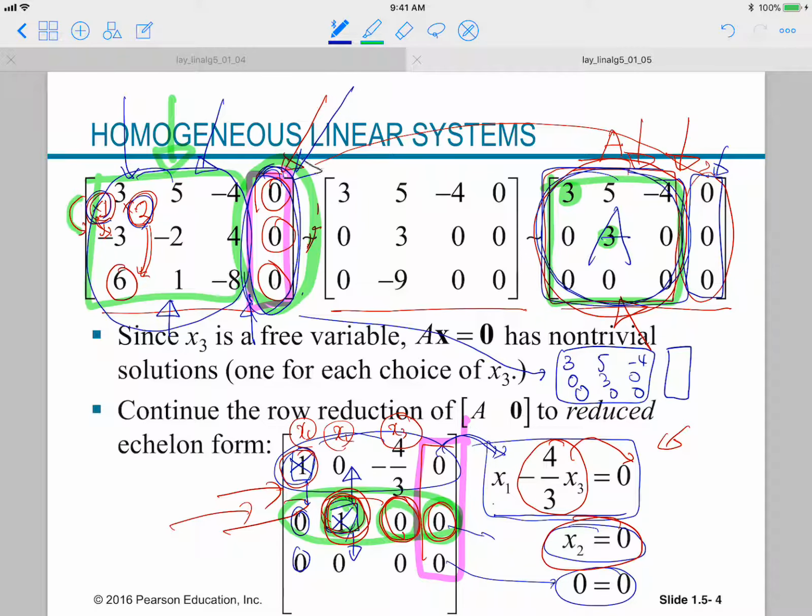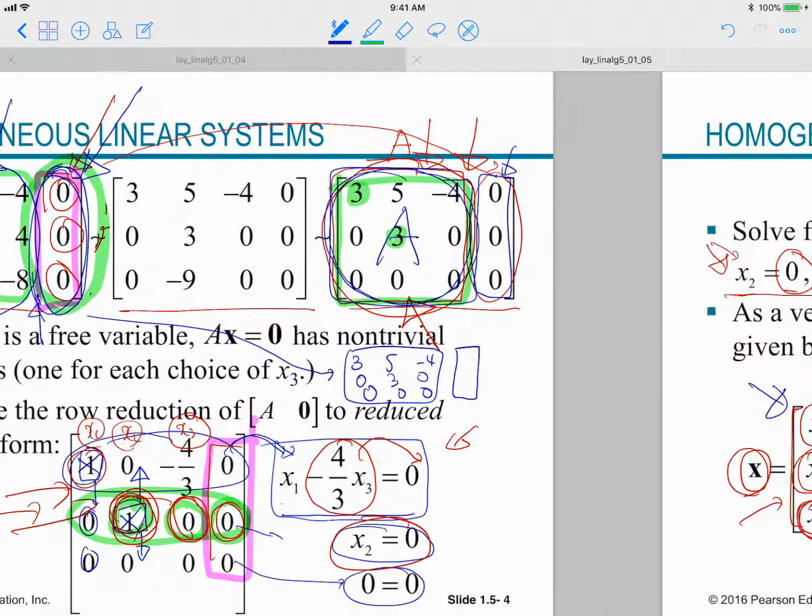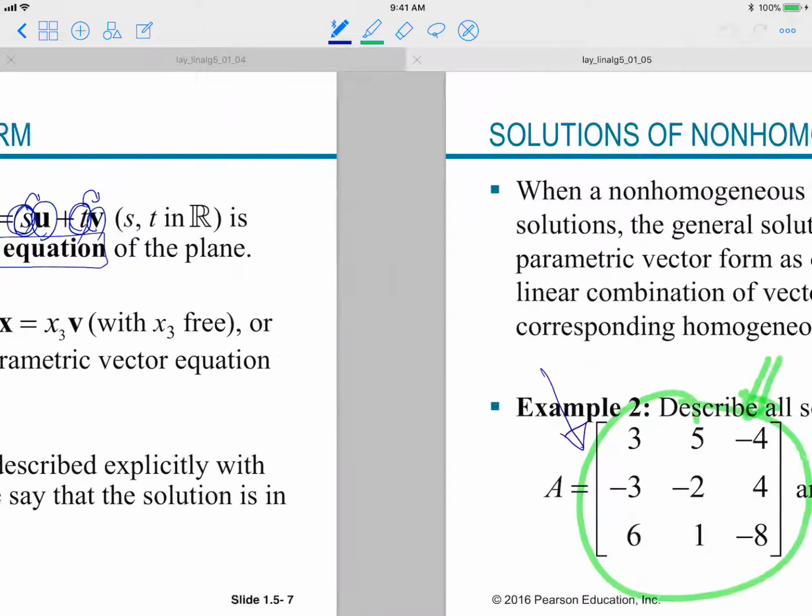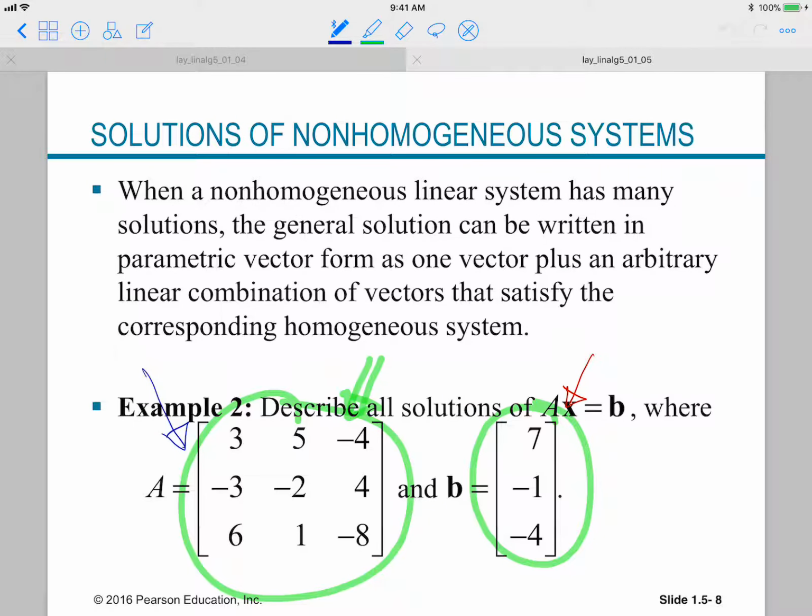Suppose we change the b part to some non-zero value. So let's consider that linear system. Again, the left hand side will be the same, but the b part is now a certain vector that is no longer a zero vector, right?